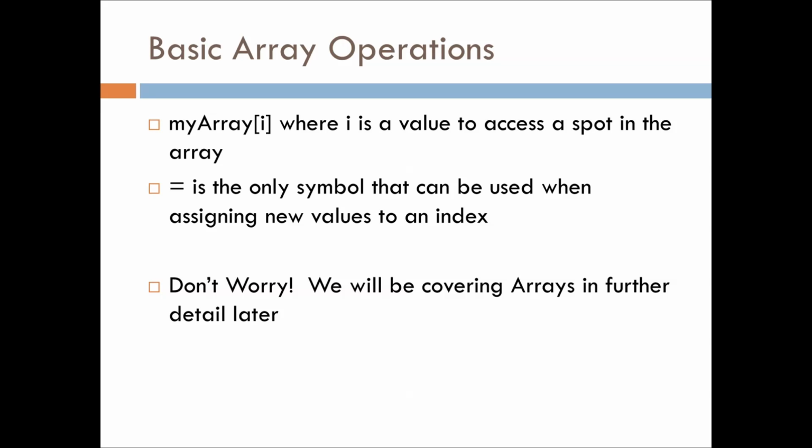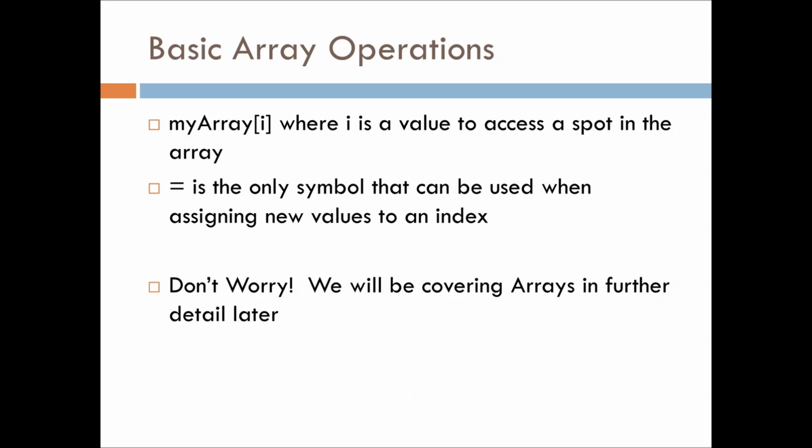We'll go into more detail though about what Papyrus does there in a different video. You just call the index, I being the value spot that you're trying to get to. Equals is the only symbol that you can use when assigning new values to an index. So if you want to do any addition or calculations, it will have to be done after the equal sign.